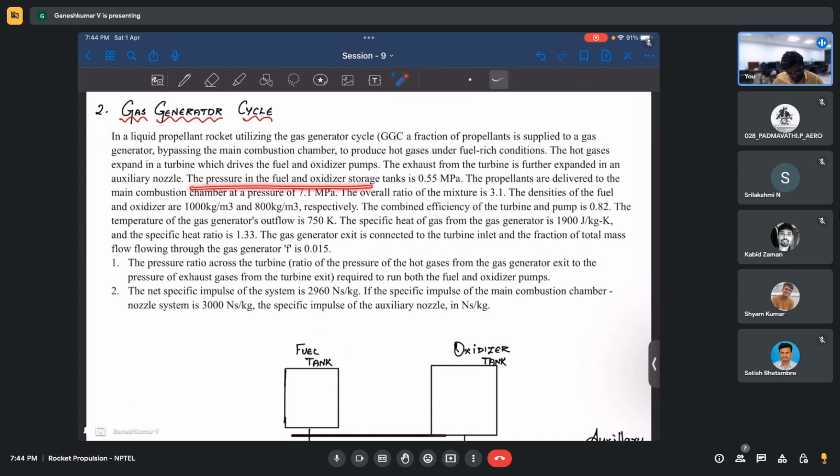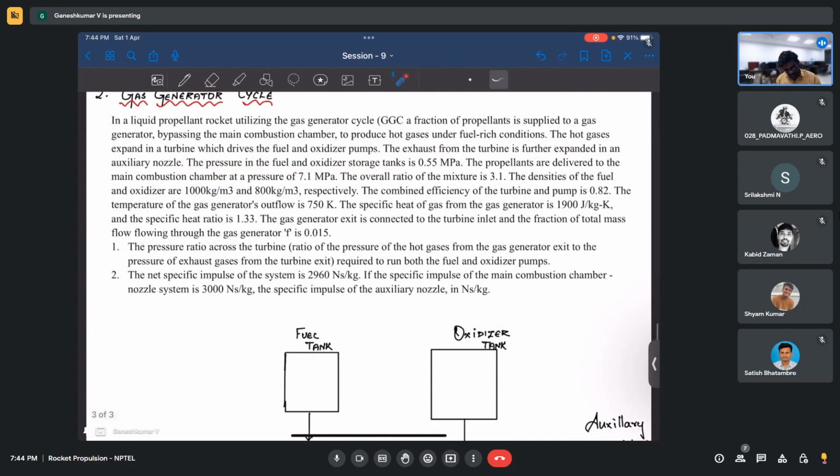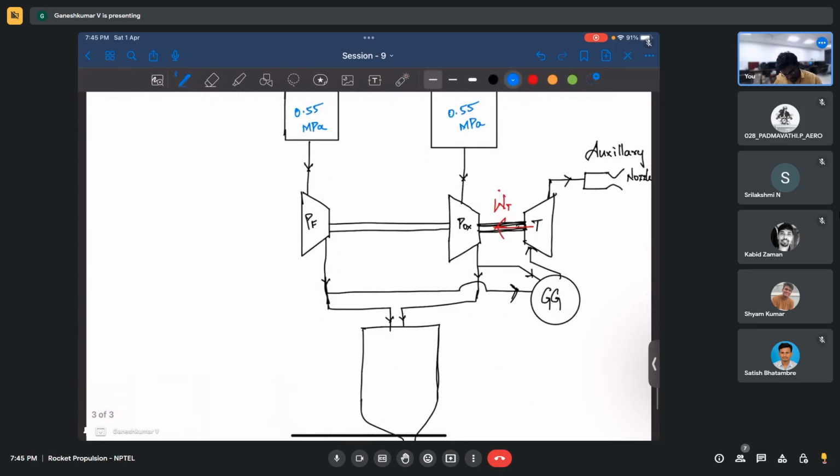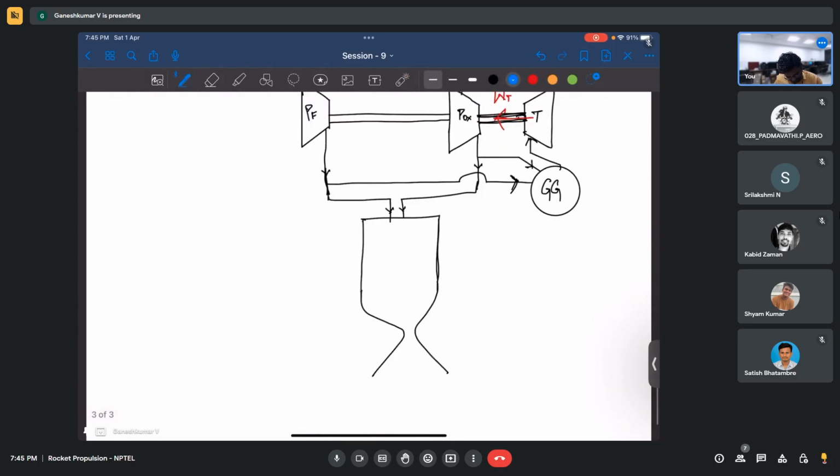The pressure in the fuel and oxidizer storage tanks is 0.55 megapascal. Let's say this is going to be 0.55 megapascal pressure here, and in the oxidizer storage tank it's 0.55 megapascal. The propellants are delivered to the main combustion chamber at a pressure of 7.1 megapascal. So the combustion chamber pressure is 7.1 megapascal.